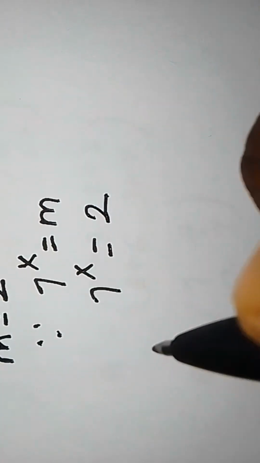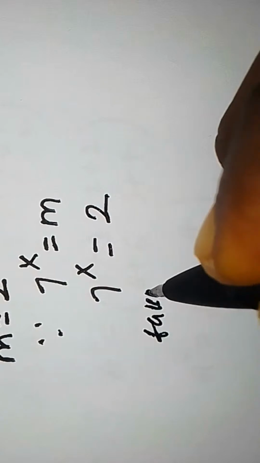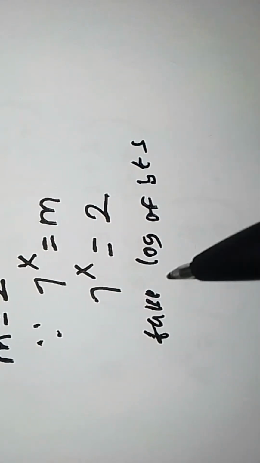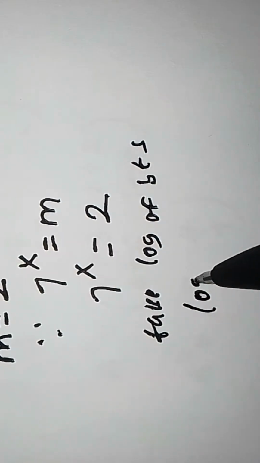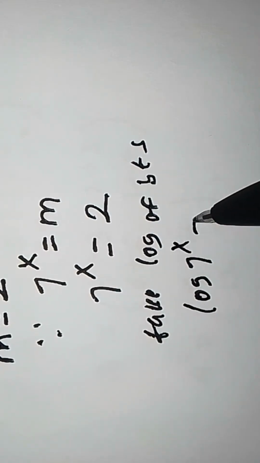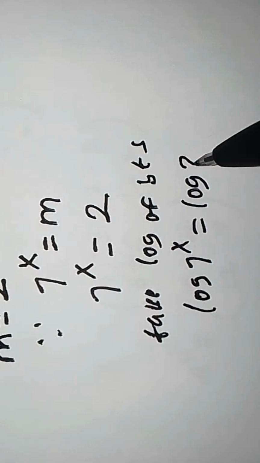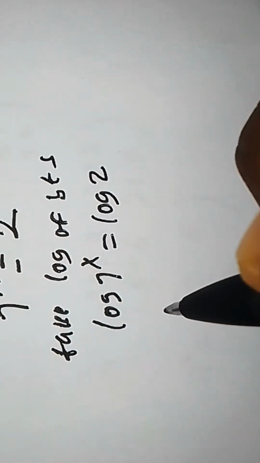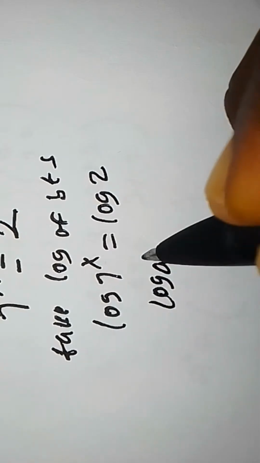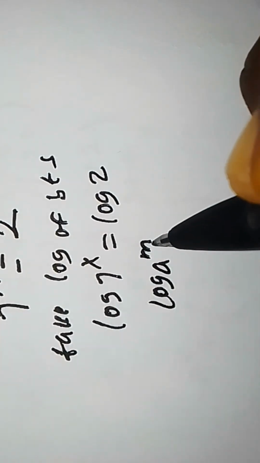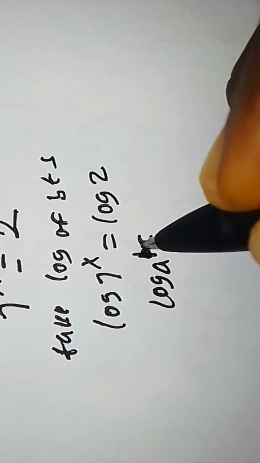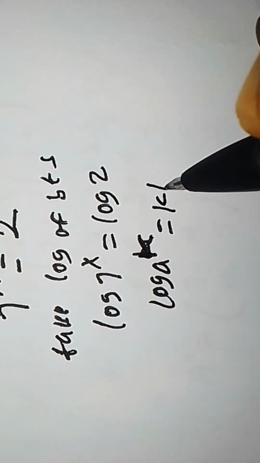Now let us take log of both sides. Doing that, we have log 7 raised to x equal to log 2. Also recall that log a raised to k, let's use k to avoid confusion, is equal to k times log a.